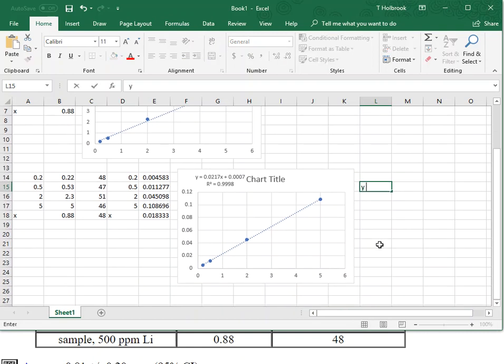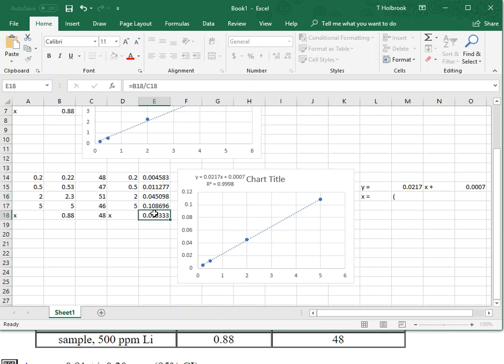You treat this just like you've treated the one up above. There's no difference here. Y equals 0.0217 X plus 0.0007. X is equal to, well, I take the ratio now, right? Because the internal standard graph is based on ratios.